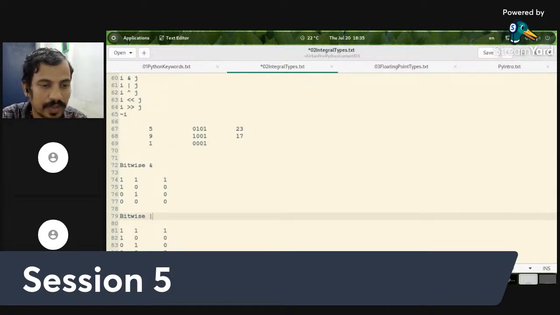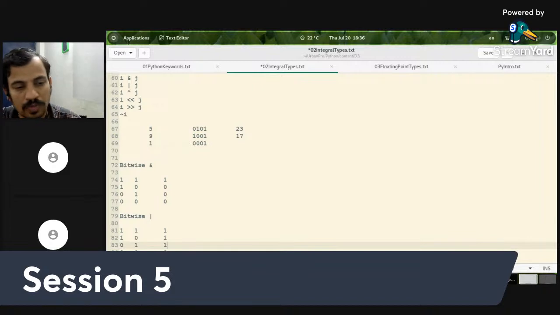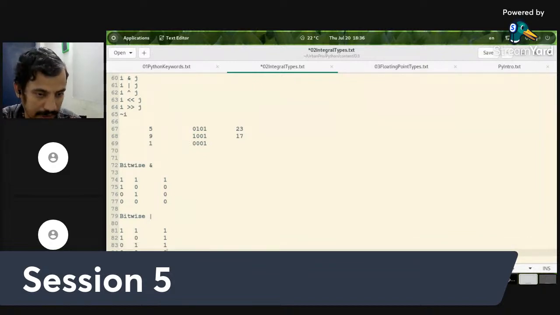With bitwise pipe, if at least one of the inputs is 1, the output is 1. Otherwise, if both are 0, then the output is 0. This is the rule for bitwise OR.